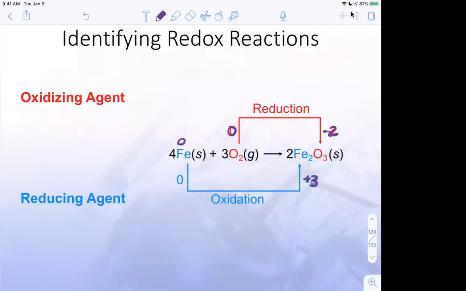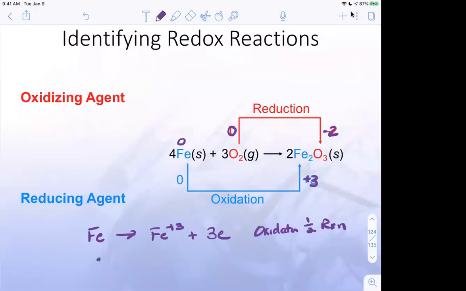So iron, I'm going to write the half reactions. Iron goes to iron +3 plus electrons. This is the oxidation half reaction.